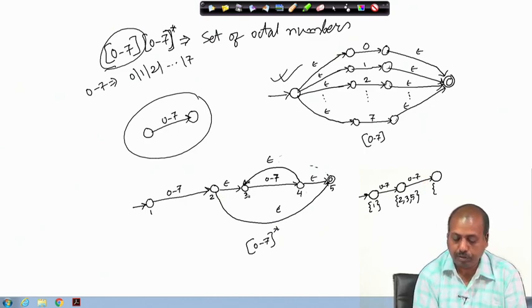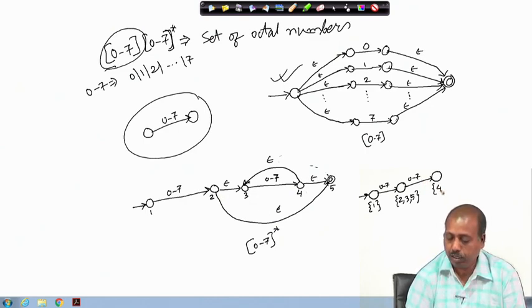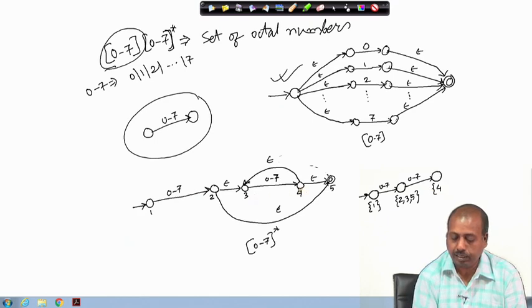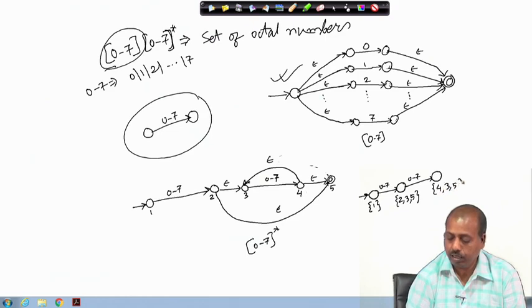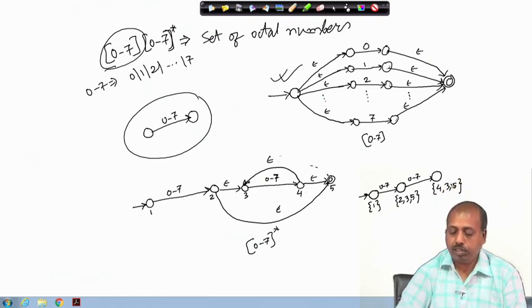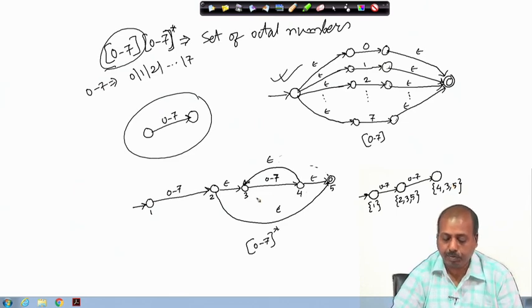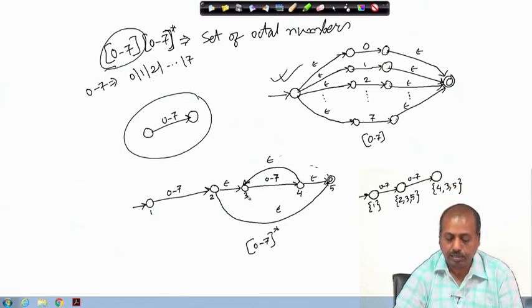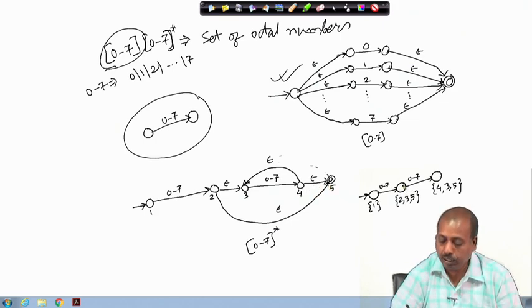From 2, 3, 5, from 3 it is going to state 4, and from 4 on epsilon transition it is going to 3 and 5. So, 4, 3 and 5. And you see that here this state number 5 is a final state for the NFA. So, they also constitute the final states for the DFA.